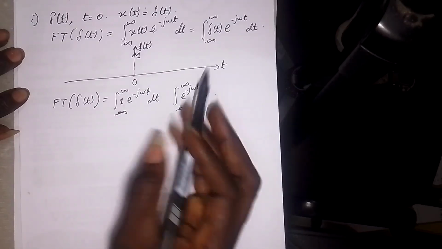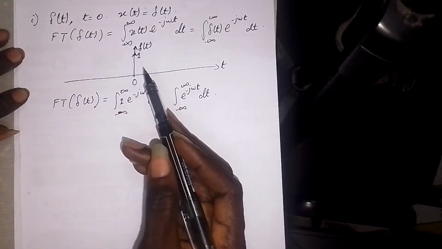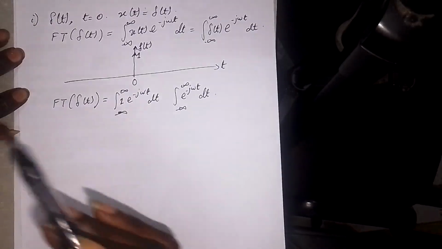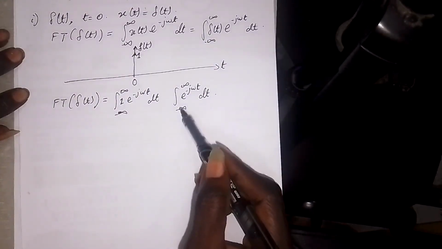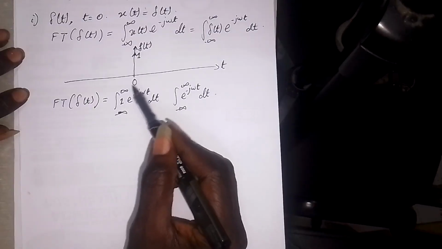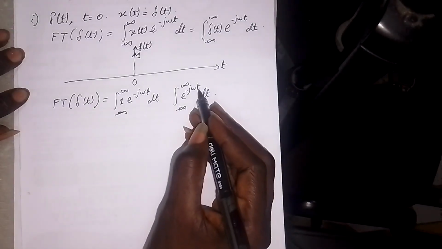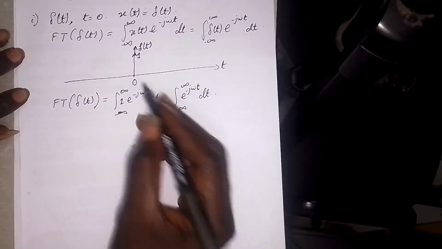So even though it's a Fourier transform, we cannot have any serious integration over here, because it occurs at one place, and that place is 0. So I'll put 0 in terms of the time t there, because it occurs only at 0.